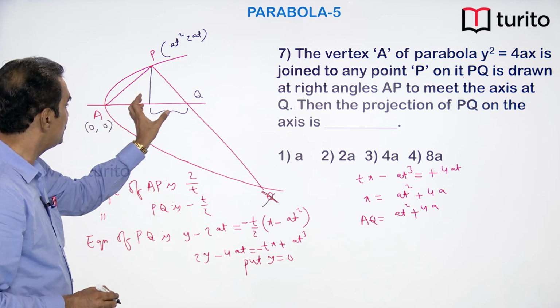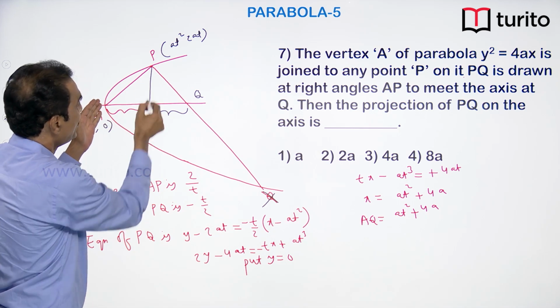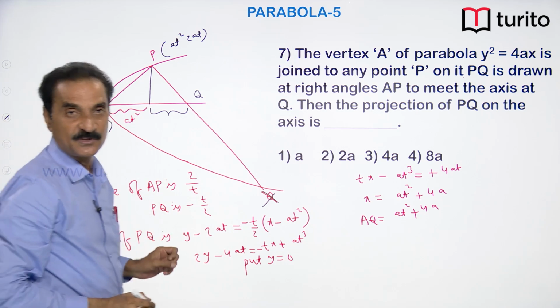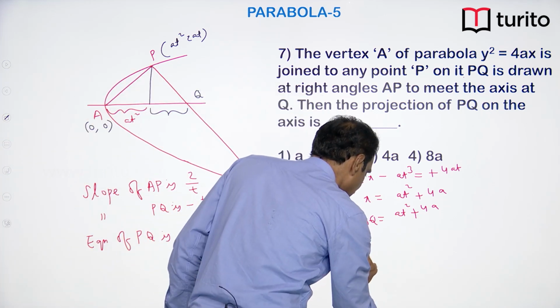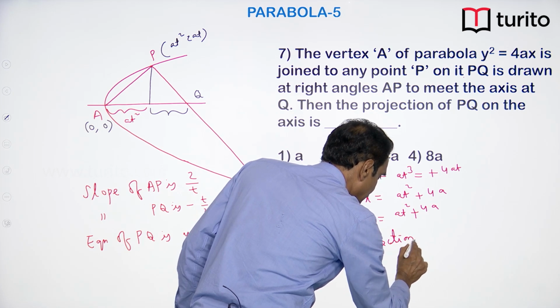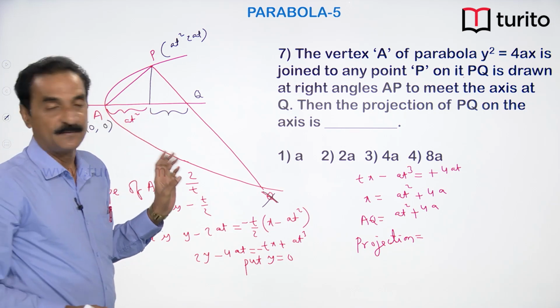Now, you want this projection, this is nothing but the x coordinate of P, that is AT square. So, how do you get this projection? Projection is AQ minus AT square.